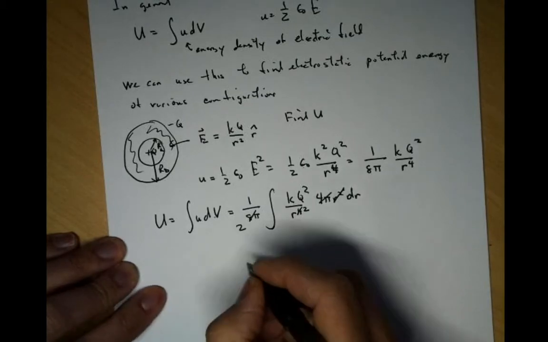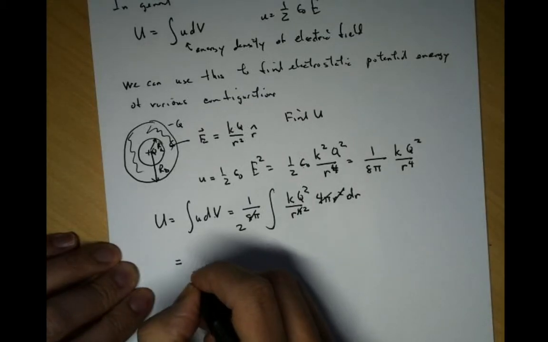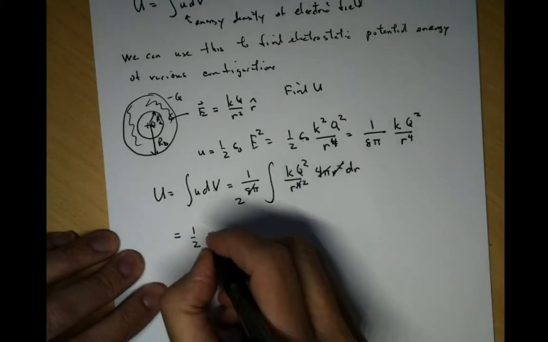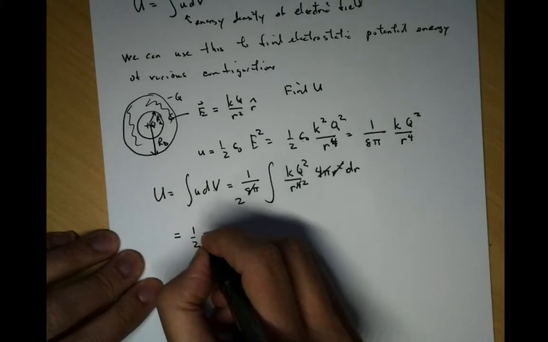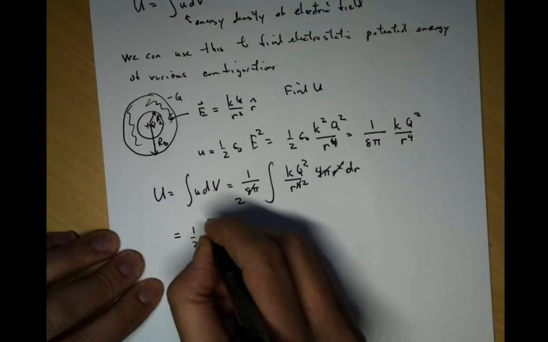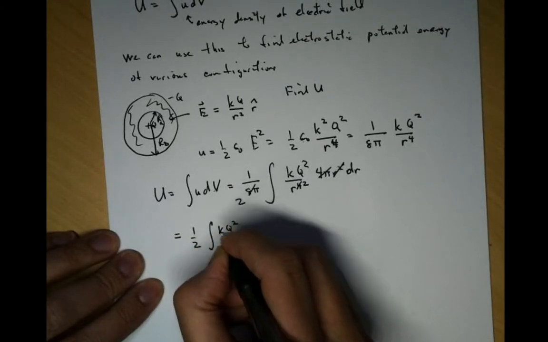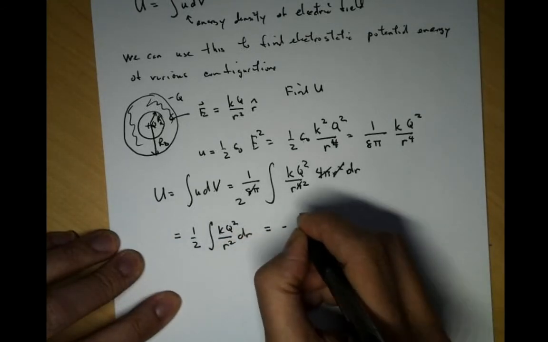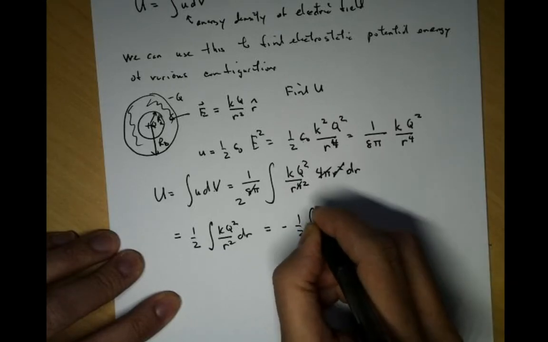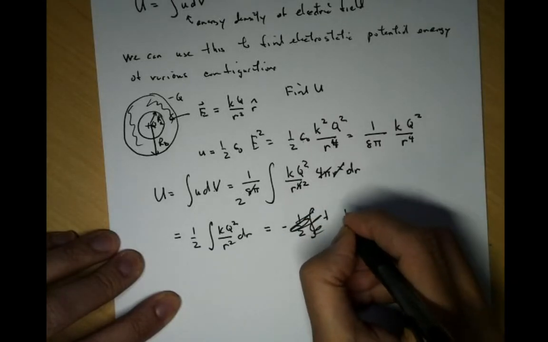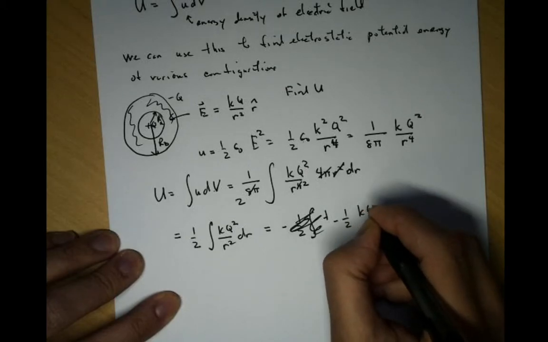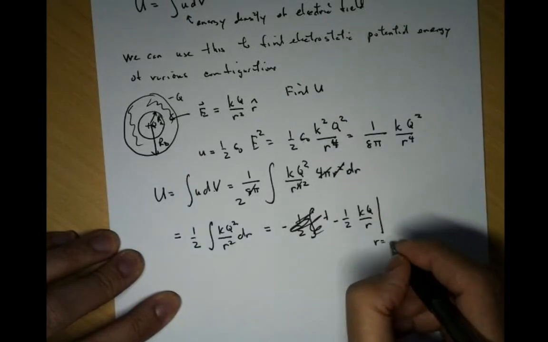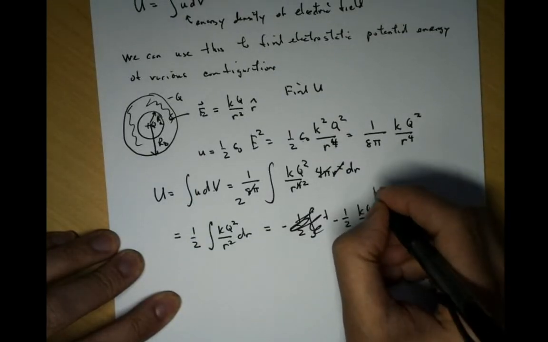All right. And so it's going to be equal to, okay, there's a 1/2 there. All right. There's going to be an integral KQ squared over R squared dr. Okay, so that pulls that minus sign, 1/2 of minus sign KQ over R, evaluated at R equals RA to RB.